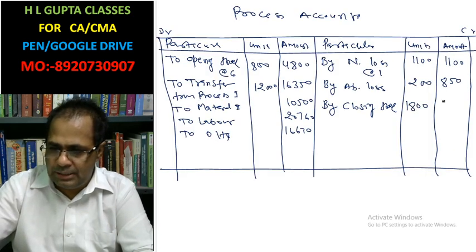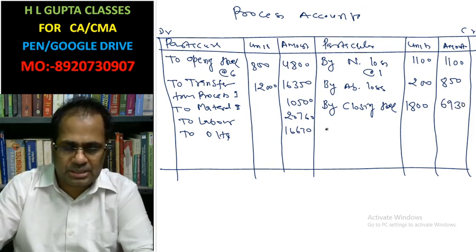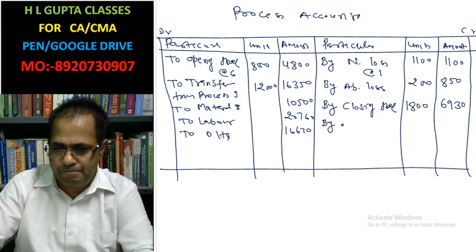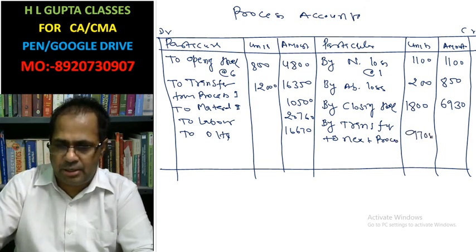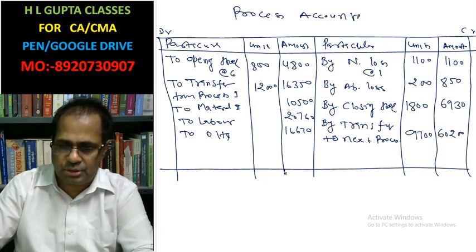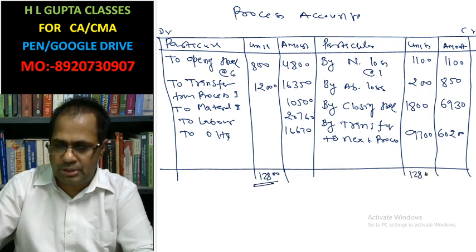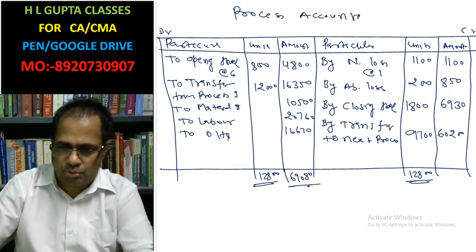By transfer to next process 9700, and its cost is 20,200, this is 12,800, this is also 12,800, and its cost is 69080.